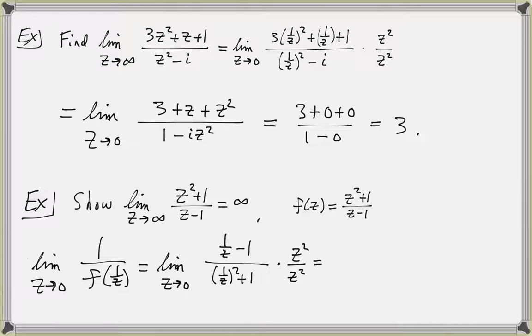So this simplifies to the limit as z approaches 0 of (z - z^2) over (1 + z^2). And when I substitute in 0, I get (0 - 0) over (1 + 0), which equals 0. So by our previous definition, this shows that the limit of f of z as z approaches infinity equals infinity.